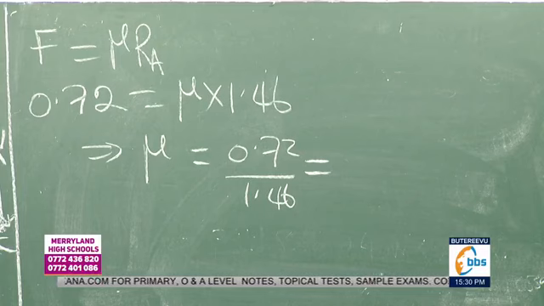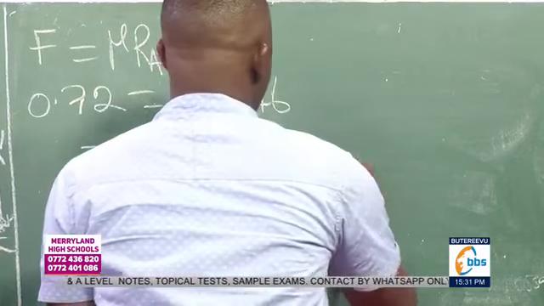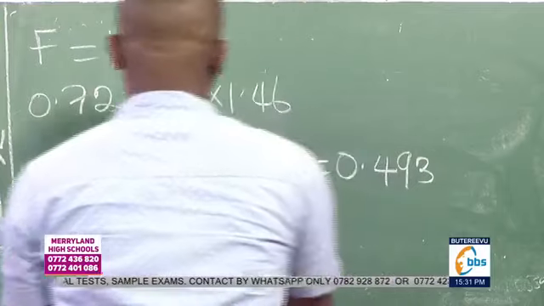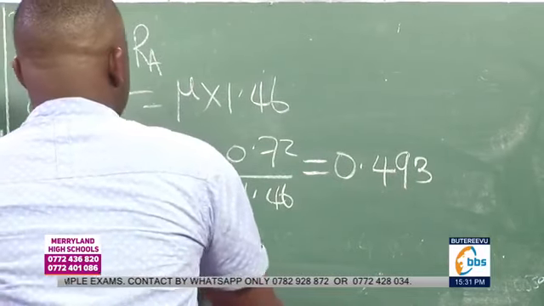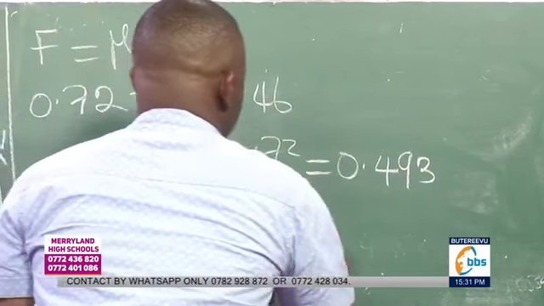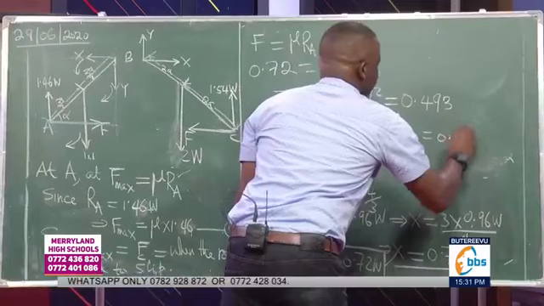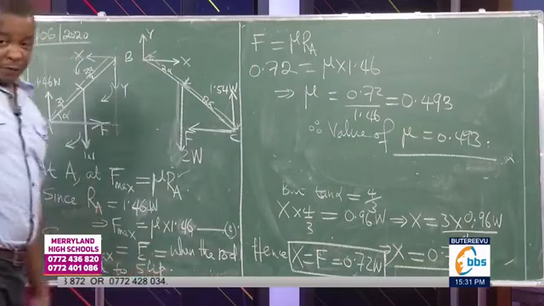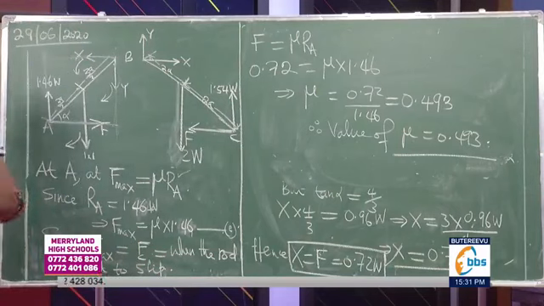We record our answer to 3 decimal places. This gives us mu as 0.493. So the value of mu will be 0.493.